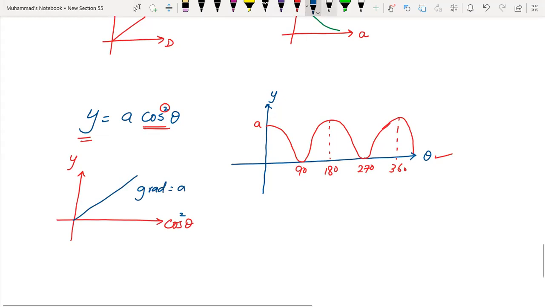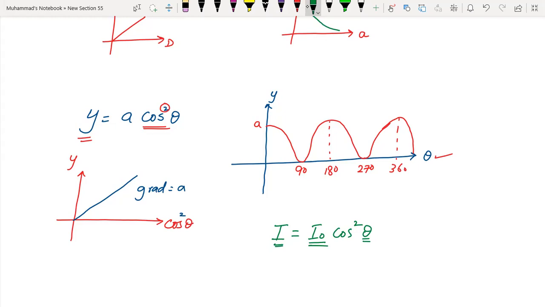So in a real situation, where do you face this type of situation in AS physics? You know that in polarization, the intensity of a wave after passing a polarizer is given by I naught cos square theta. This is the intensity before the polarizer, and this is theta, the angle with which the polarizer has been rotated with reference to the previous axis, and this is the intensity after passing the polarizer.